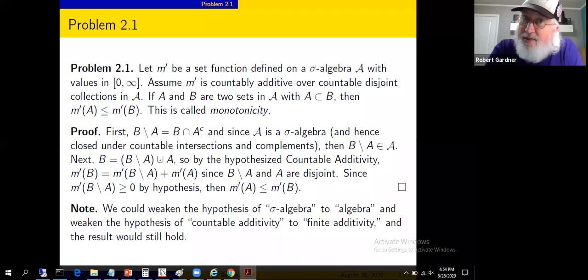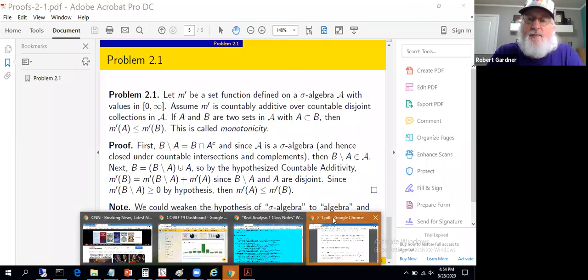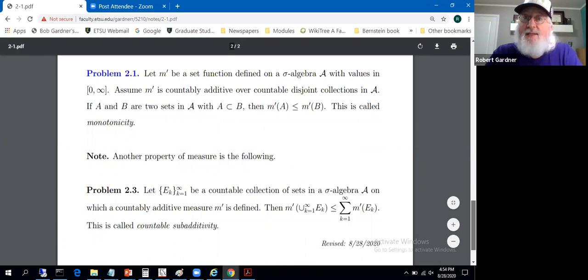It's the other exercises that need this sigma part. We only need the algebra and the finiteness part in this little argument here. So back to the notes. There's the proof of monotonicity in a very general setting.